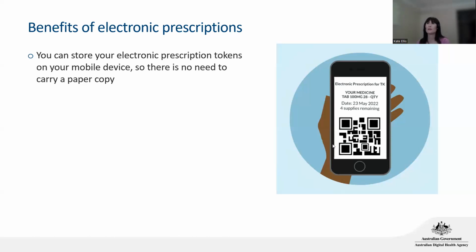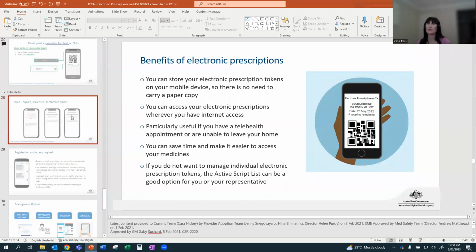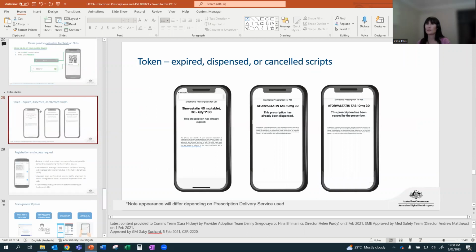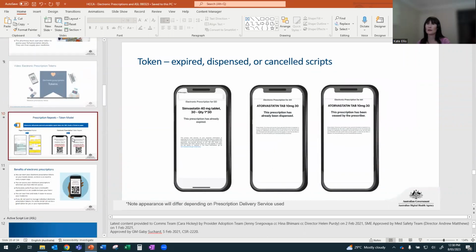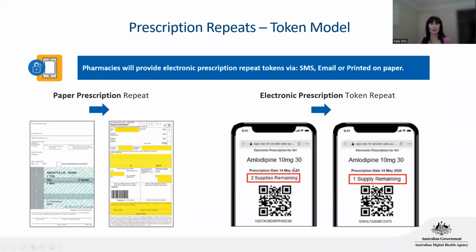Yes. So what I would recommend there is, I'll go back to that screen I shared before, the one with the repeats on it. So once you have gone into the pharmacy, they've scanned your QR code, say, for example, they've scanned this one here for amlodipine and it says 2 supplies remaining. You've got the amlodipine in your hand. You've received the prescription.